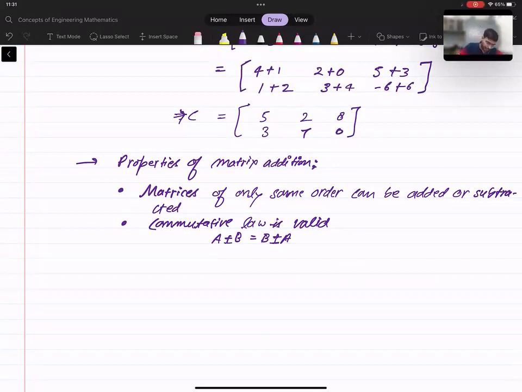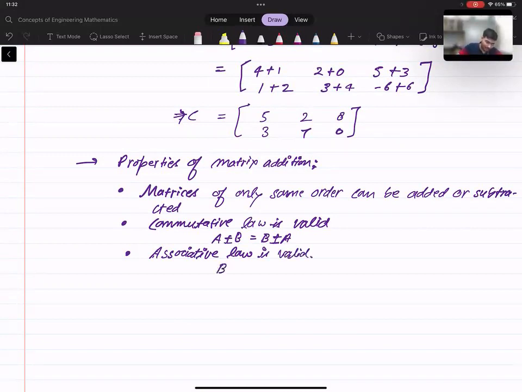Again, here the associative law is also valid. Okay. So what does this mean?